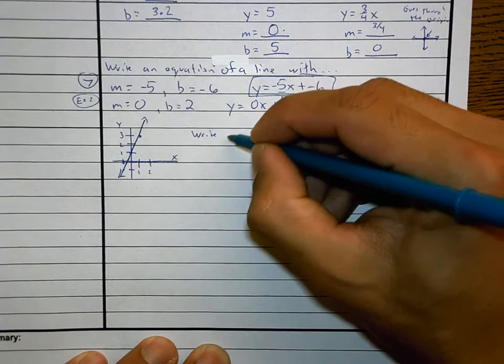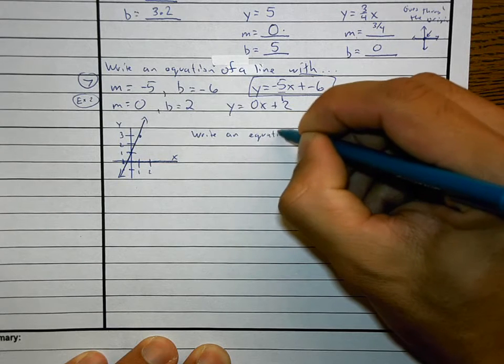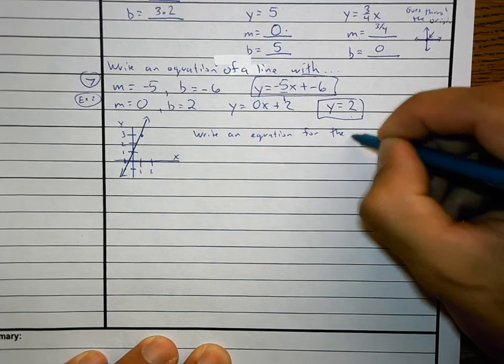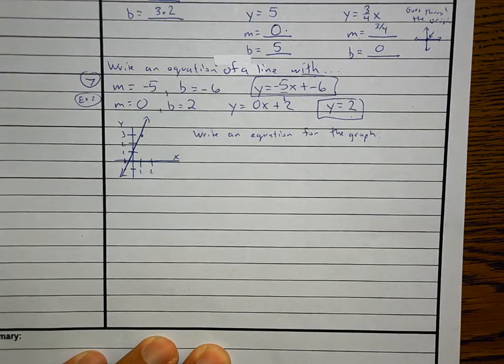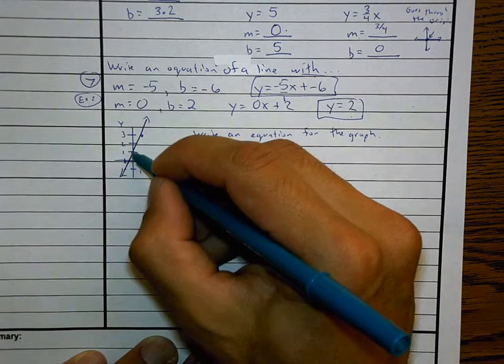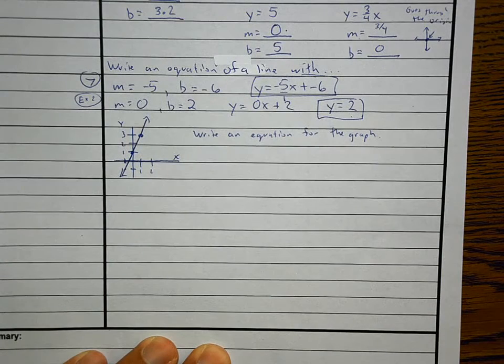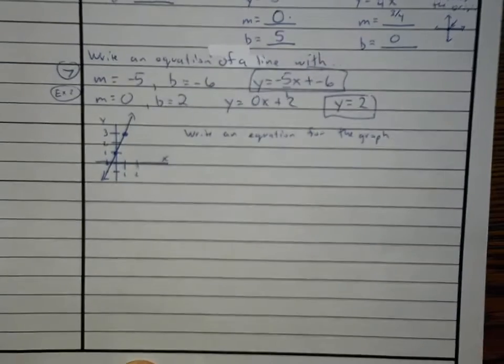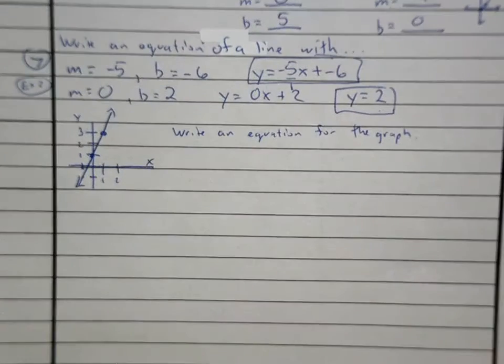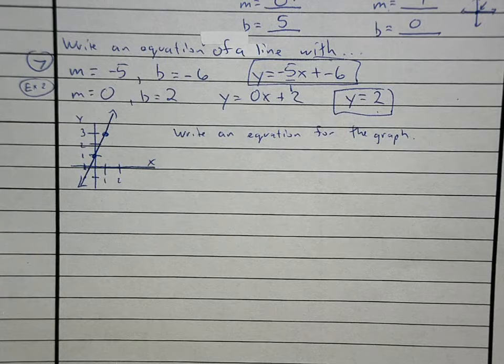Write an equation for the graph. It goes through here, goes through there. So, Tim. Oh, well, first thing I want you to do is I don't want the answer. I want to know what is the m and what is the b. Let's go with that.